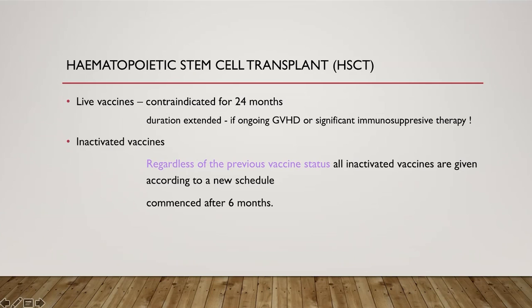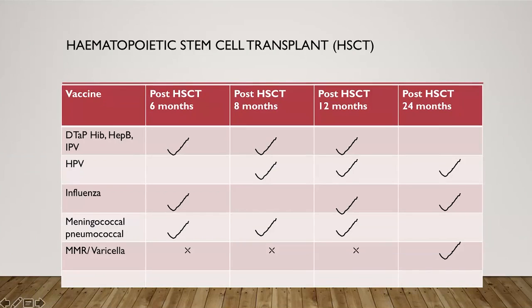This will be commenced after 6 months, but again in developing countries like India, even a 3 month gap is enough. Where the disease load is high, they will not recommend a 6 month gap, but they will start the vaccination by about 3 months.